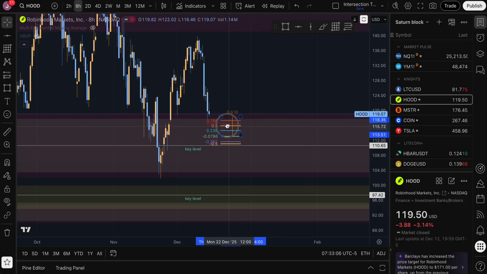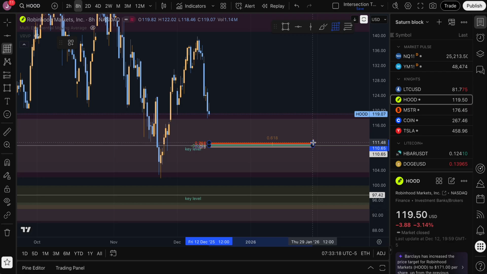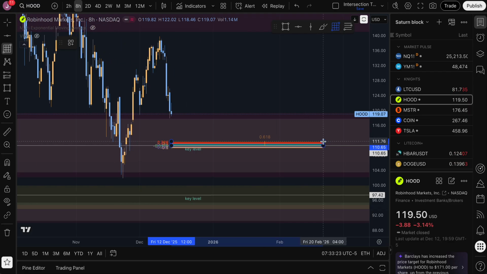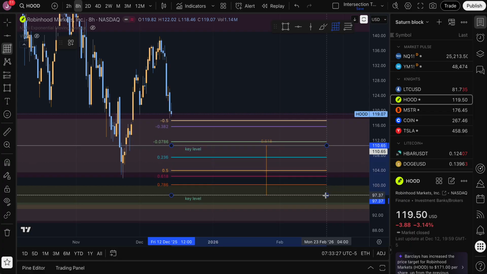So as of the moment, it's attacking. Cancel that. It's trying to attack the 110 level, and we chose Feb 20 calls or puts.